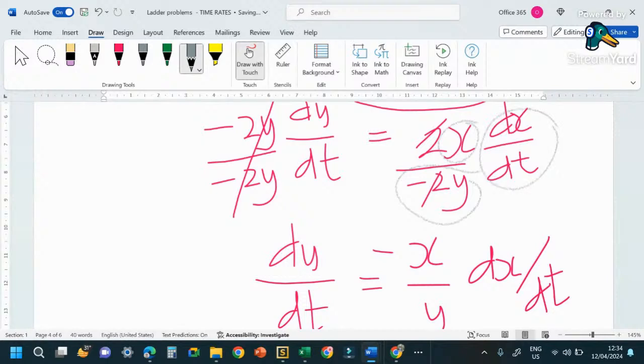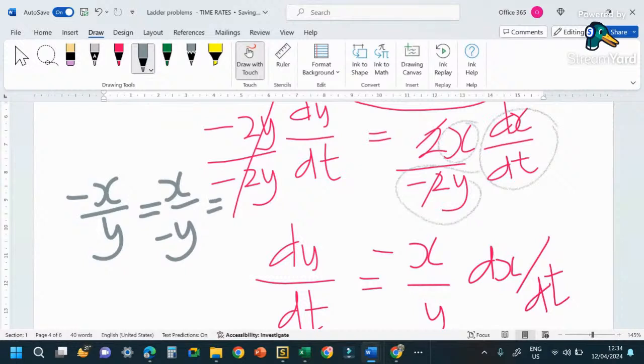Now, if you're going to ask me, is negative x over y equal to x over negative y is equal to negative x over y? Yes, the answer is yes. Because if you divide them, you will always get a negative answer because one is negative.